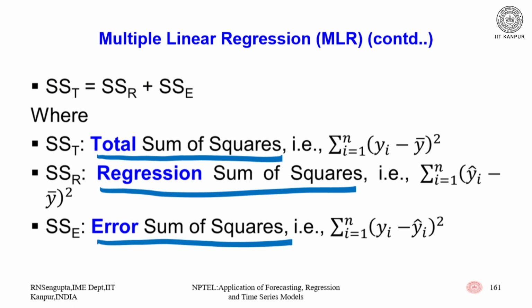Now, if you pay attention to the formula, it will immediately make sense. The total sum of squares is the difference from the actual point yi to its average value, which is y bar. And if you remember, y bar, x bar is the point which satisfies the equation which you have solved earlier, when we were doing the problem.